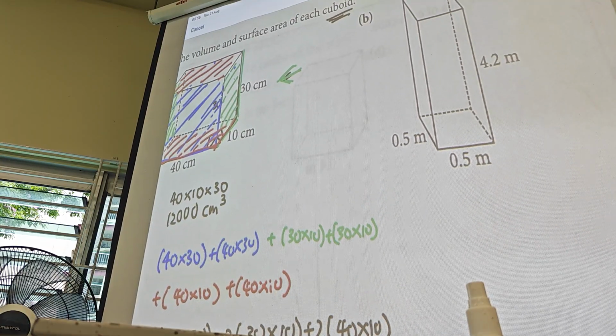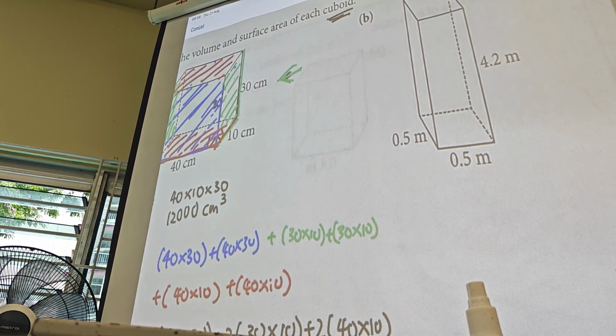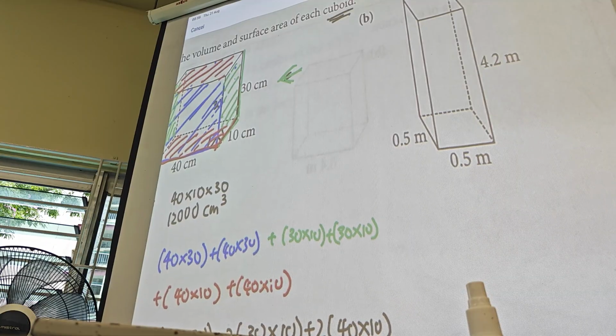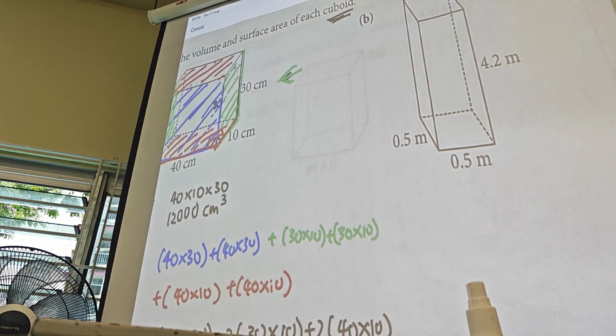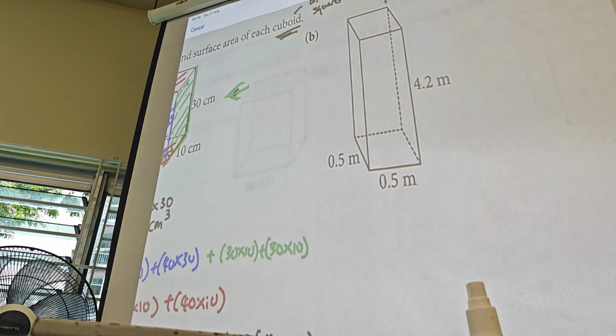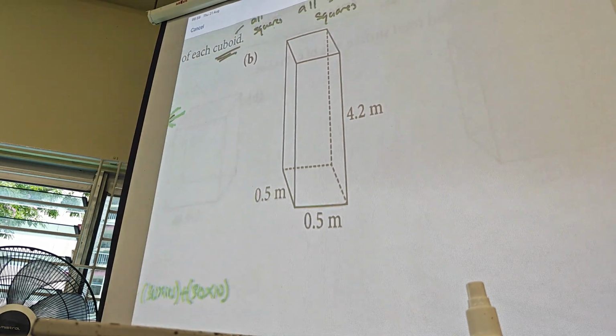This time round the bottom is a square, but then the height is not the same. So it's not a cube anymore. This is called a cuboid already. Try, find the volume, find the total surface area.